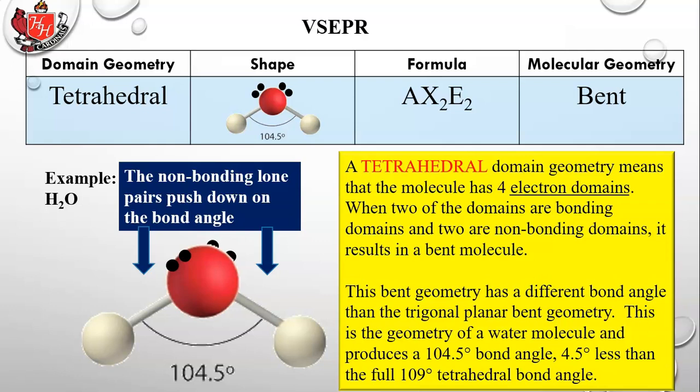So that's the theme of this entire lesson: if you have just bonding domains, they want to spread out as equally as possible so they all have the same angle. The moment you take away an atom and just have a lone pair, it squeezes those bond angles down so that they're smaller than they were before.